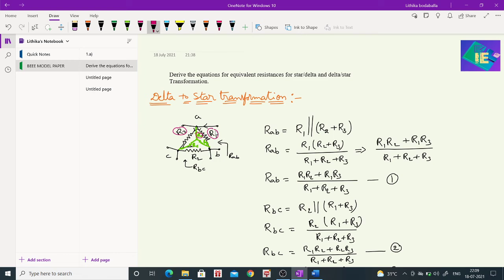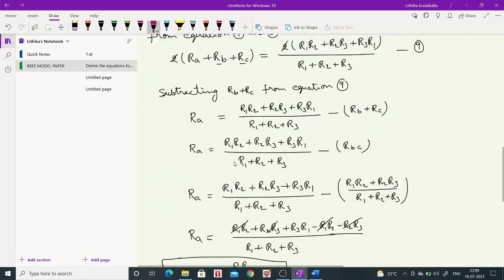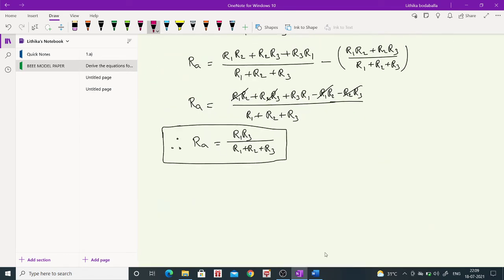Once you find RA, there is no need to derive RB and RC again. You can write similarly, RB is equal to R1 R2 divided by R1 plus R2 plus R3.